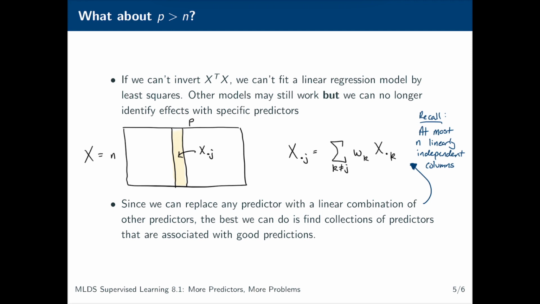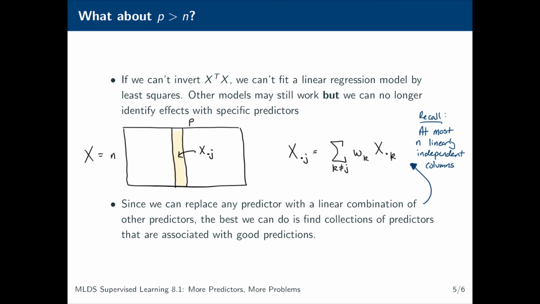This means that in other models, they might not break down mathematically in the same way that linear regression does. We can still fit the model, but we can no longer identify effects with specific predictors. That same effect might be brought about by any linear combination of the other predictors within our model.